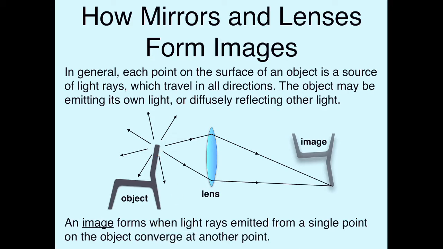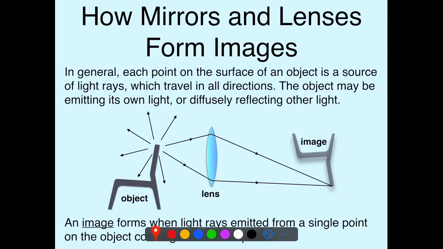In general, every single point on the surface of that object is going to be a source of light rays. And those light rays travel outwards in all directions. So here, I'm going to just select this point at the very top of the chair. What I'm saying is there's going to be light rays emitted in all directions from that point on the chair.